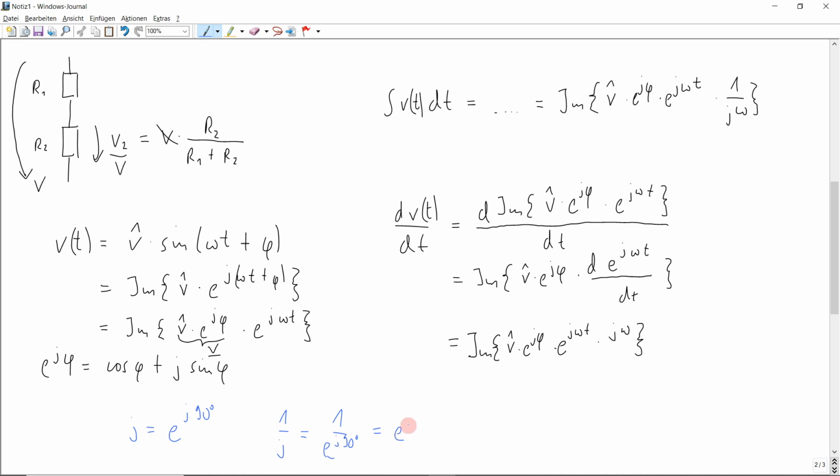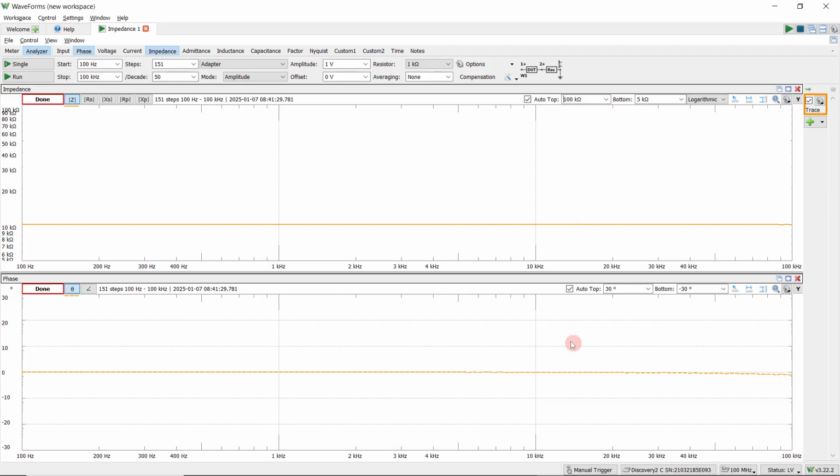If I rewrite it like this, what should change with the angle here? It should be negative. Exactly. So we should get minus 90 degree. So let's see if this works.